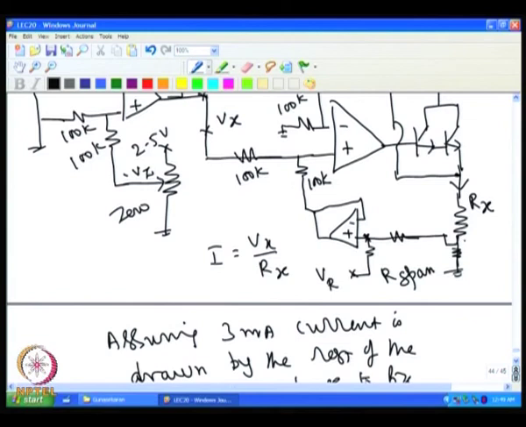If I have equal resistances, say 100k and 100k, then VR plus this are added together. So, by adding a suitable voltage at this point, one can get the voltage at this point, which will be added with this.